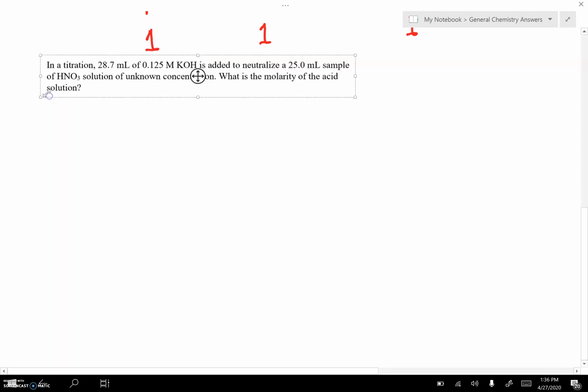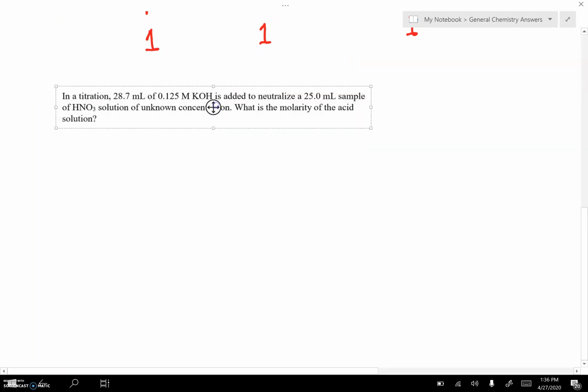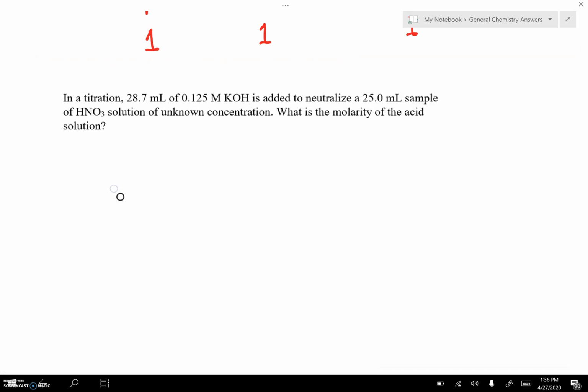Here is a good example of a question you can expect me to ask. And let's notice that we have two parts to this. We have something that is known. Its concentration is given to us. And we also have something that is very specifically unknown. We're going to use the known to find out the concentration of the unknown.